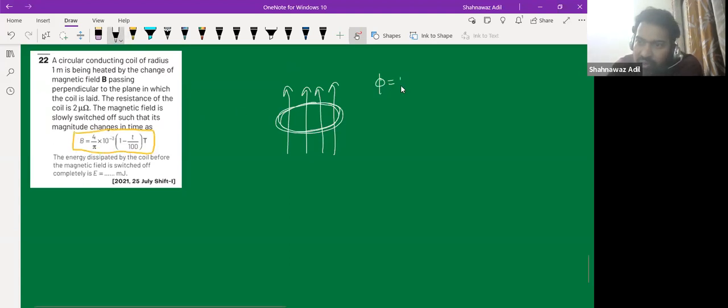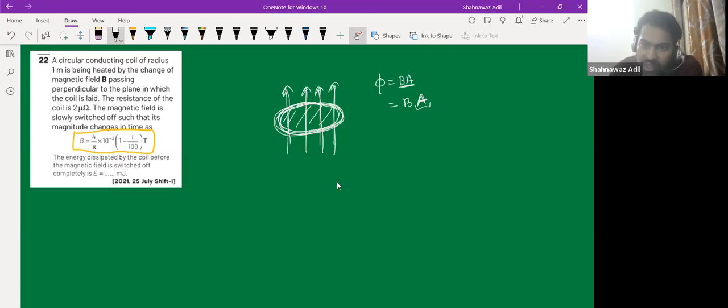We have phi, which is BA, and these are perpendicular, so the angle is 0 degrees, so phi is only BA. In BA, what is changing and what is fixed? Is the area changing? The coil area is fixed. Only the magnetic field passing through it is changing.